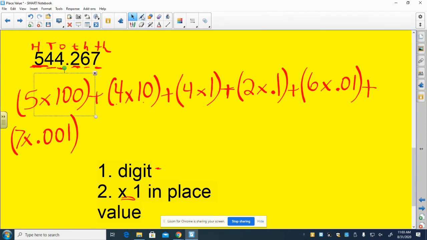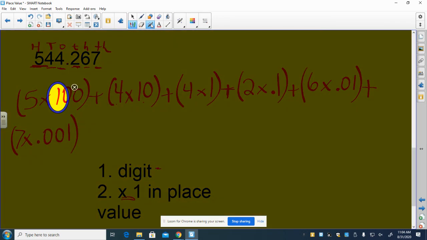What you're doing here is you're putting that 1, this 1 that you are using for the 1 in the place value, wherever you put that 1 is where this digit ends up in the number. So let me show you. You've got 1 on 100th Street here. So when you do that, that's going to give you the 5.